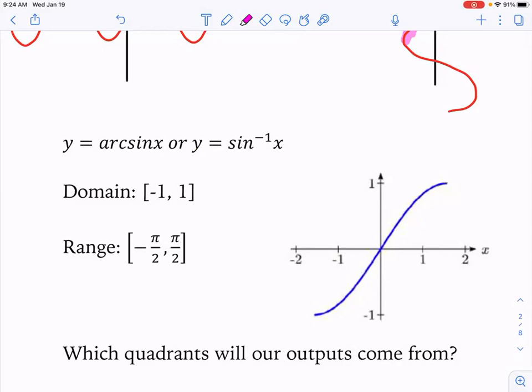I care about the domain and range. So arc sine and sine inverse mean the same thing.